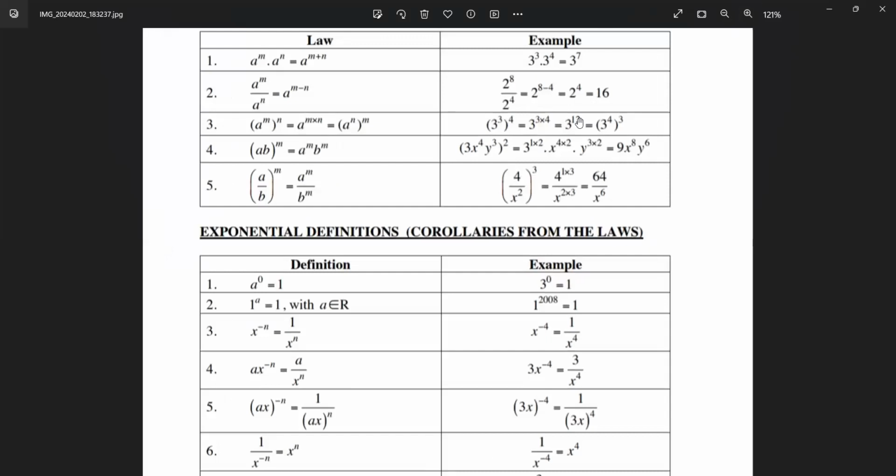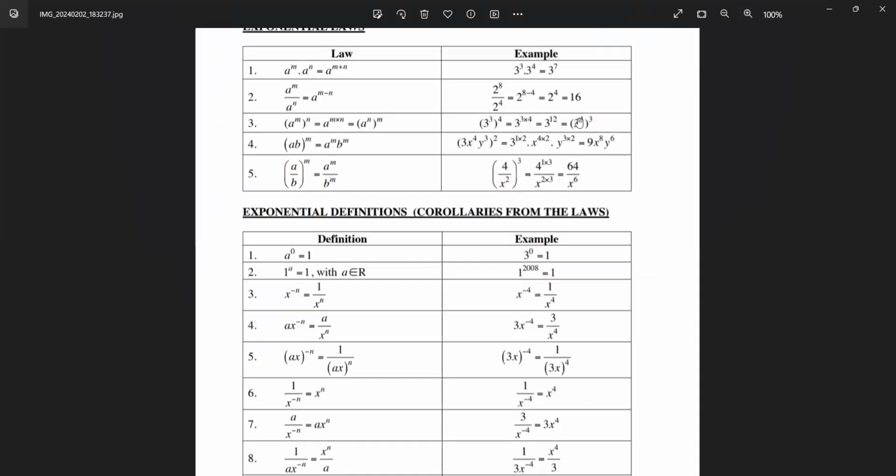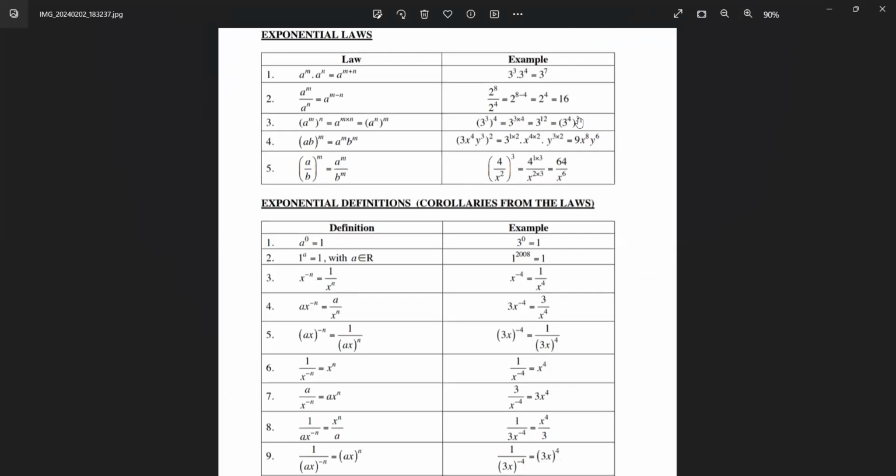Today we will be looking at the laws of exponents and the definitions associated with it. So the first law states that if the bases are the same, as you can see here, a to the exponent of m multiplied by a to the exponent of n, that means we add the exponents and keep the base: a to the m plus n.